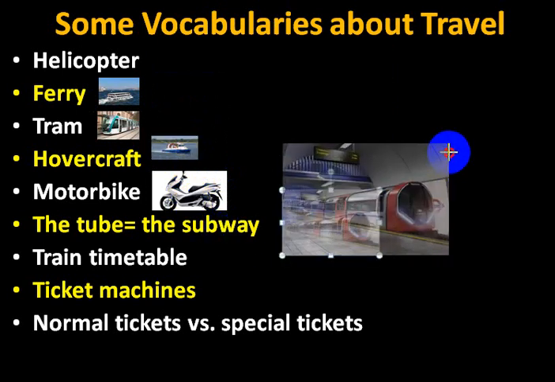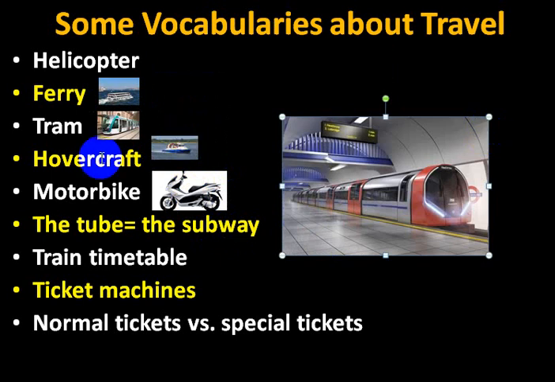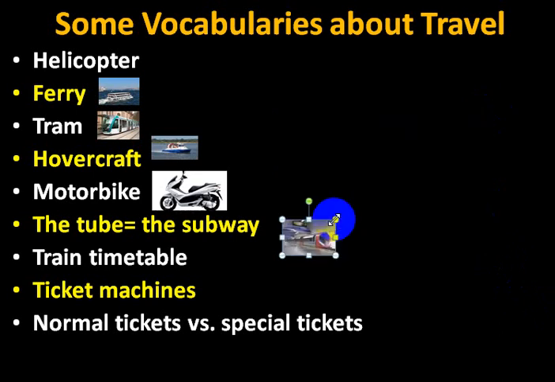This is something similar to the tram, but tram is outside and this one is inside the building. I guess here in your book it is mentioned that the word tube is used in the UK, while the subway is used in the US.